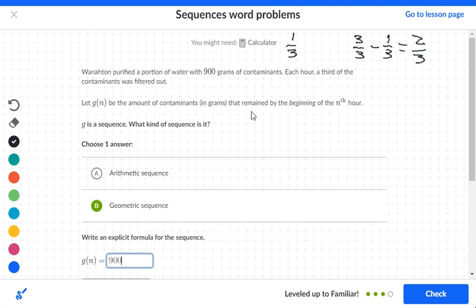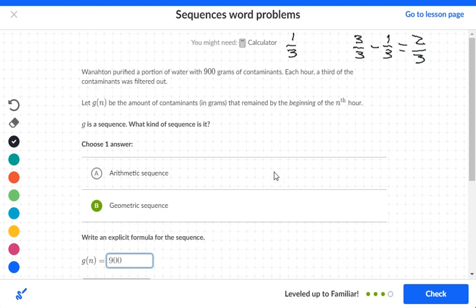And the reason why I know that is that's what remains. Your denominator is 3, and what you're removing is 1/3, so you subtract the 1/3 from the 3/3. This leaves you with the 2/3. So what we're multiplying by here is 2/3.